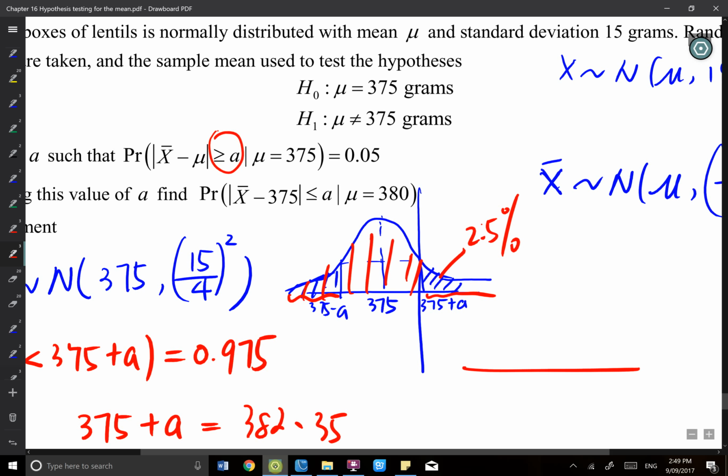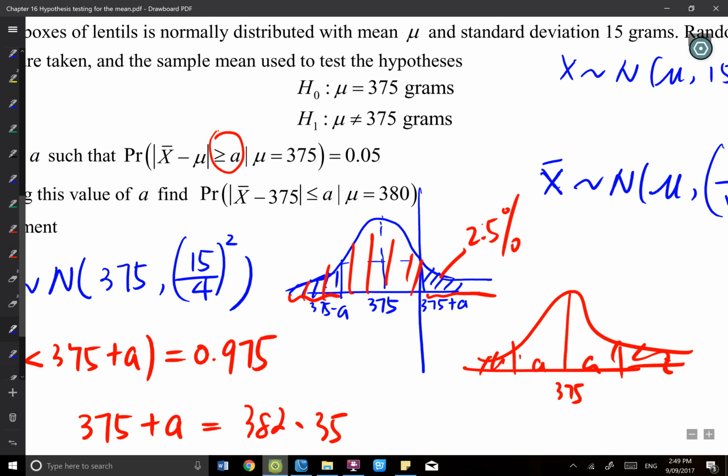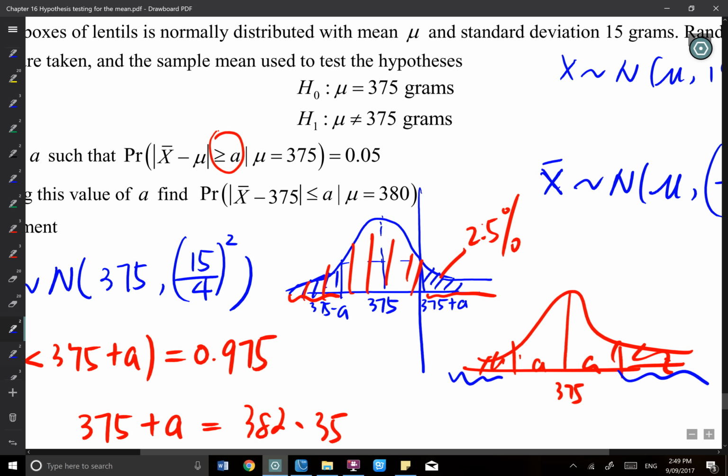Because we reject when it's less than 5%. That's A, which gives you exactly 5%. That's the 375, and that's the A. When you observe something greater than A, you will observe the value here and here. That's when you reject it, right? That's less than 5%.